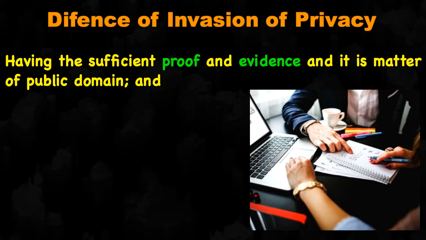And the second one is that it is a matter of public domain. So, though it is fact, true, but if it is someone else's personal matter, then you are not allowed. You are allowed only when it is true as well as a matter of public domain. Only then, otherwise you are not.